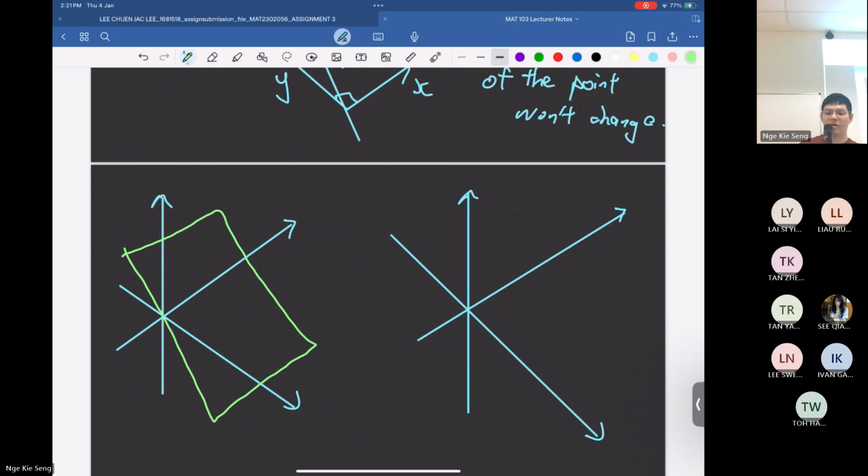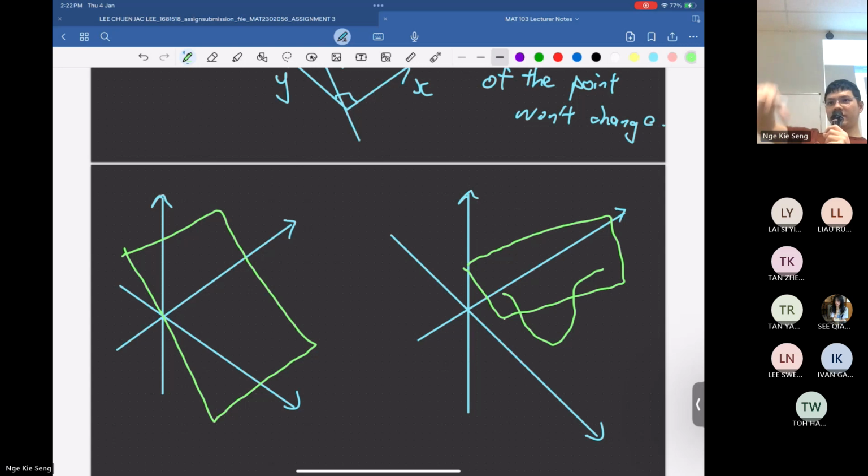Or I could have some irregular shape, maybe something like this, a surface sinking down in the middle. It's like you have a cloth and you put a heavy stuff in the middle. So you will have a height change when you move in the xy direction.